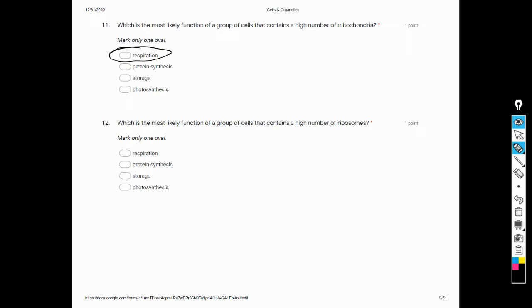Number 12, which is the most likely function of a group of cells that contain a high number of ribosomes. So again, some repetition here, but ribosomes always go through protein synthesis. So if a cell has a large number of those organelles, then they're going to go through a lot of protein synthesis.